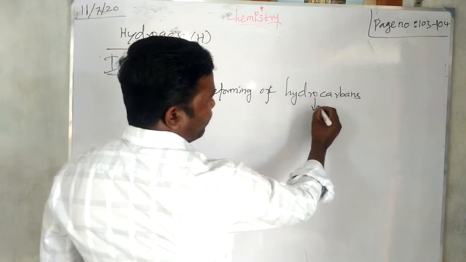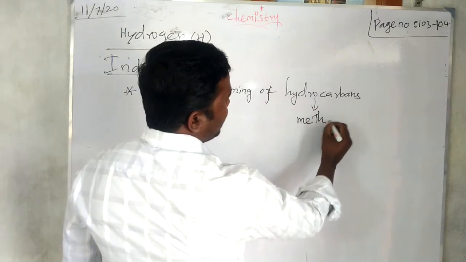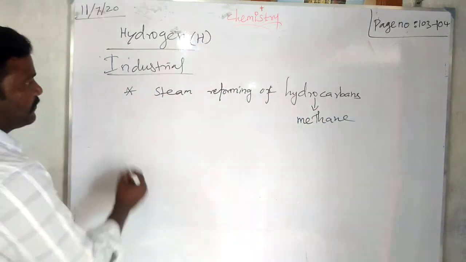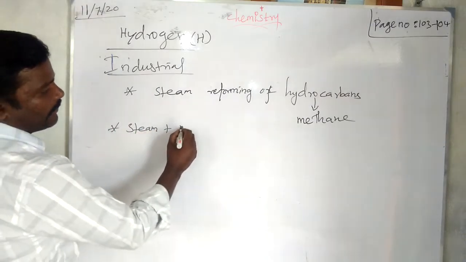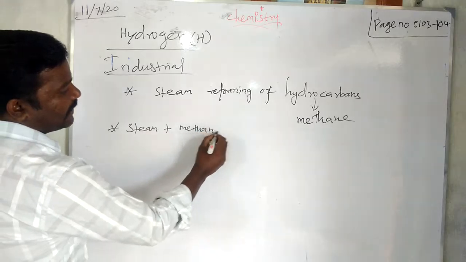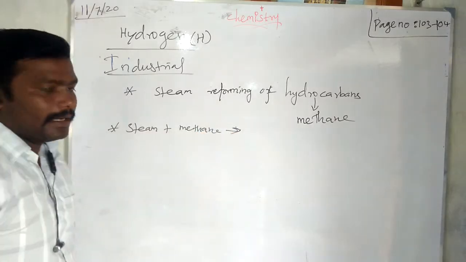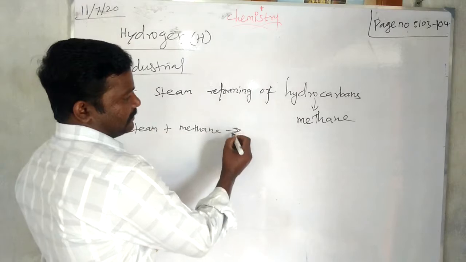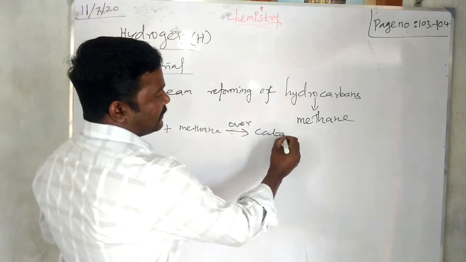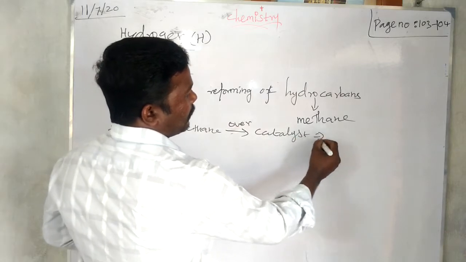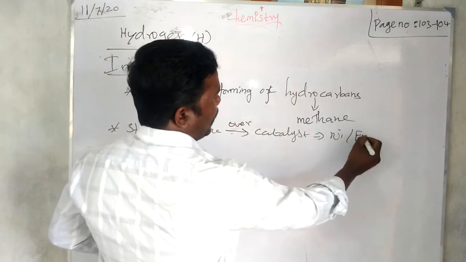So hydrocarbon, here we are going to take methane. So the mixture of steam and methane is taken and passed over the catalyst like nickel or iron.